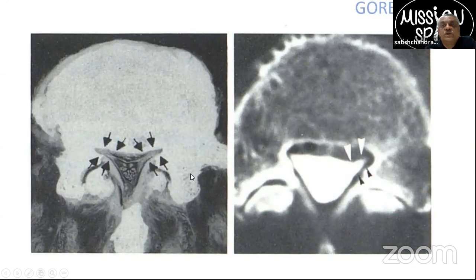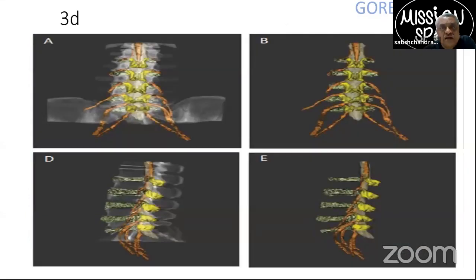So we have now correlated a plastic image, a cadaver section, a stained section, a thin stained section, and a CT section. And we have tried to understand that the lateral recess and the start of the lateral recess is very important.